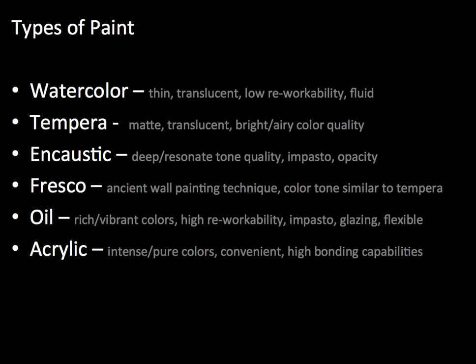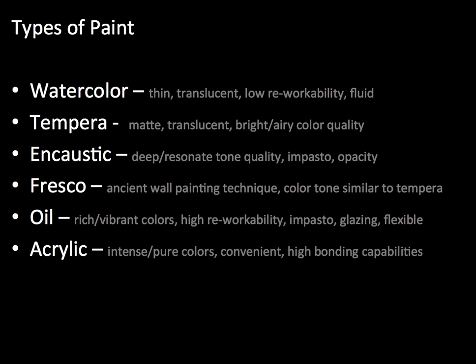Impasto, which is the term that we use for really thick, expressive brush strokes. And it's got more opacity than our first 2 types of paints. After that's fresco, which is an ancient wall painting technique. It's got a color tone similar to tempera, but it's involving plaster and different processes there.